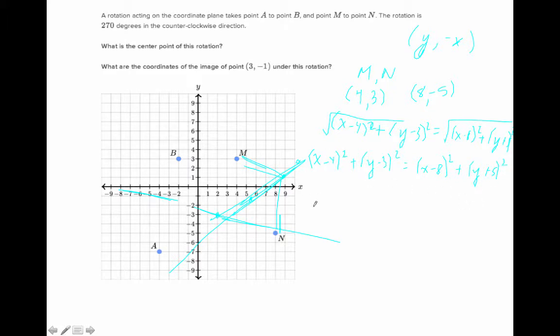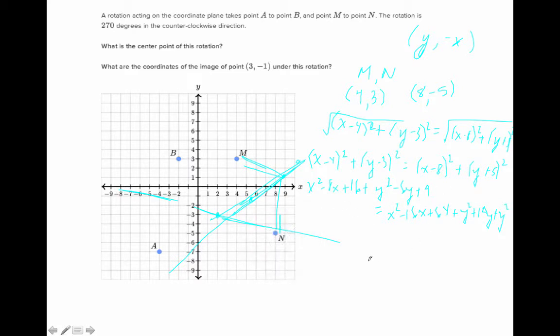When we square them out, you remember that the x squareds and the y squareds always cancel out, so we always end up with a line. So this is x squared minus 8x plus 16 plus y squared minus 6y plus 9 equals x squared minus 16x plus 64 plus y squared plus 10y plus 25.